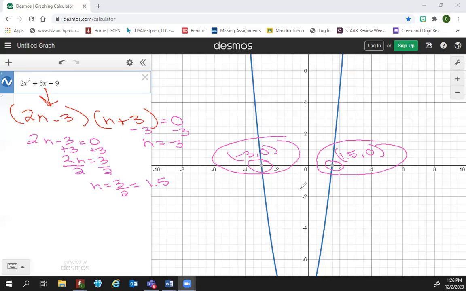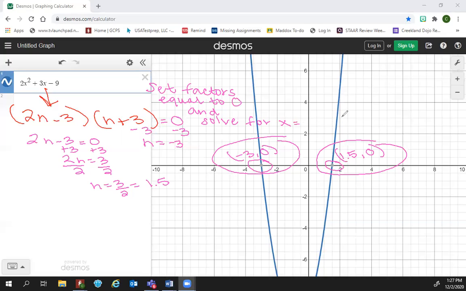So do you see how the factors relate to the x-intercepts? Yes. Writing all of this down would be good. So how do the factors relate to the x-intercepts? You set them equal, right? So you're going to set factors, write this down, equal to 0 and solve for x.